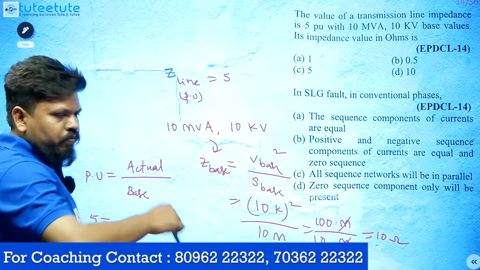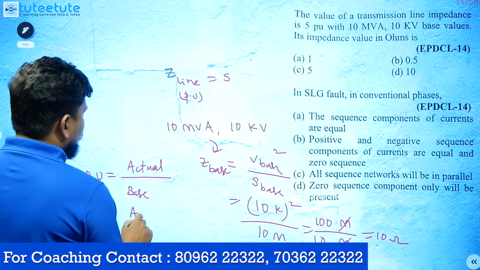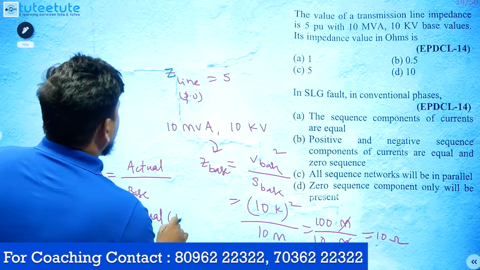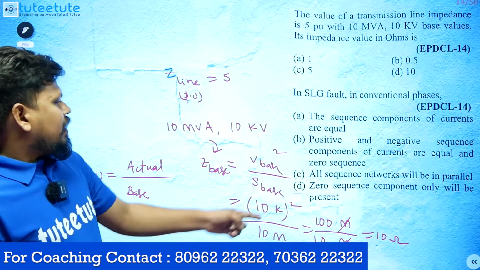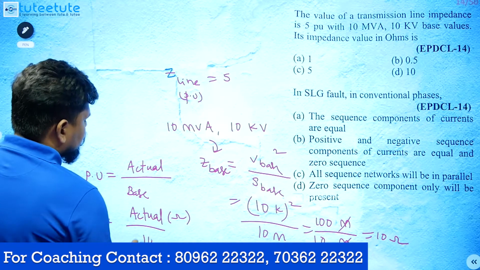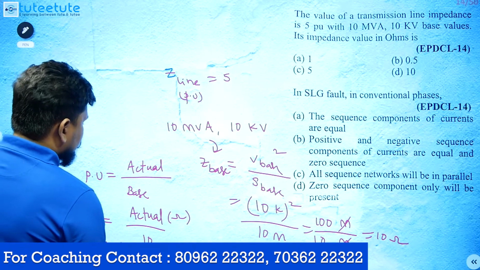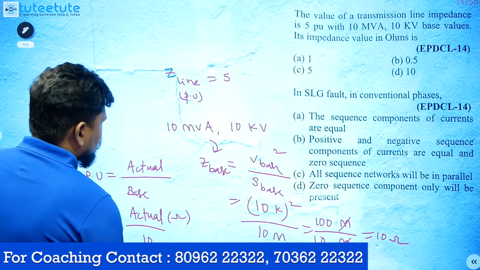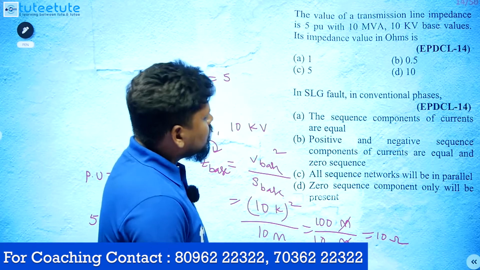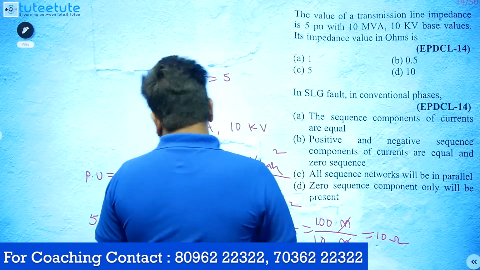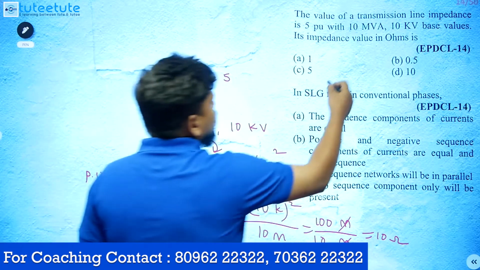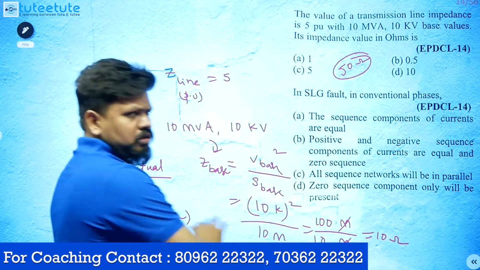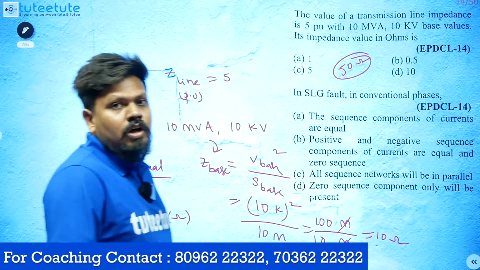The actual value in ohms we have to calculate, and the base value is 10. So the actual value is 10 into 5, that is 50 ohms. 50 ohms is not there in the options, but this is the correct one. Understanding, right? Nothing wrong in this; maybe they have given the options wrong in the tier.